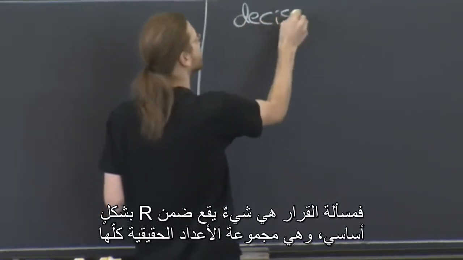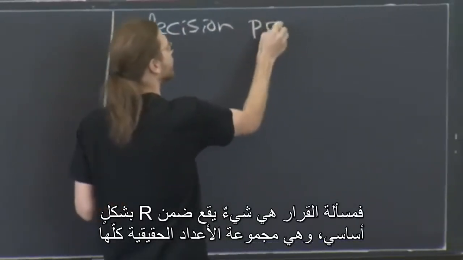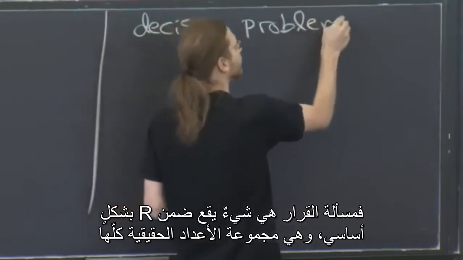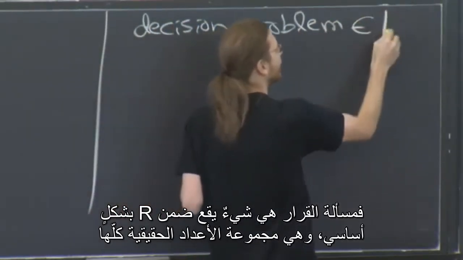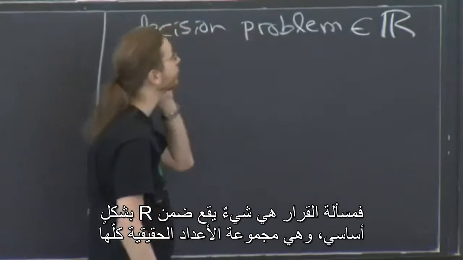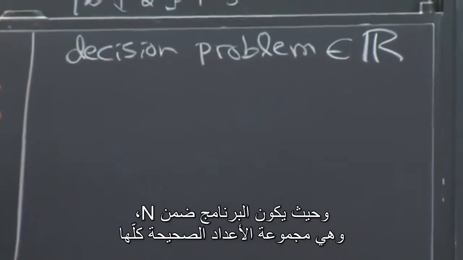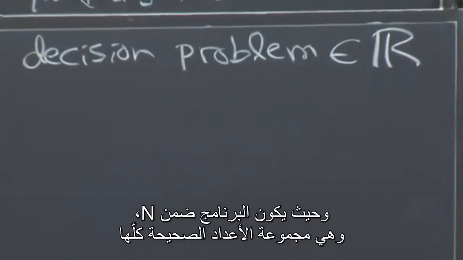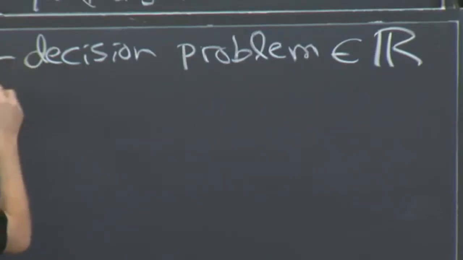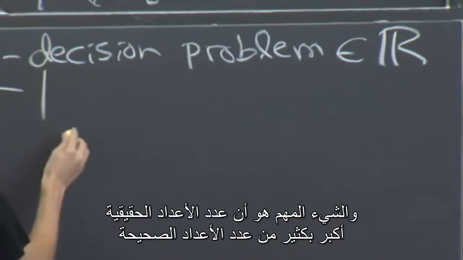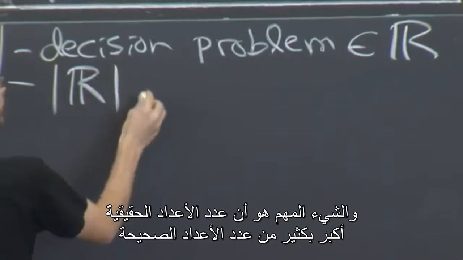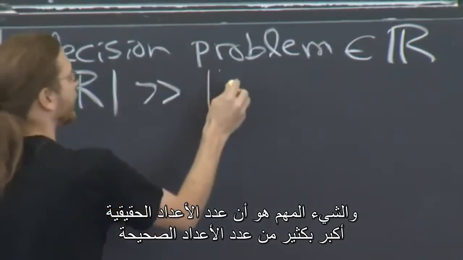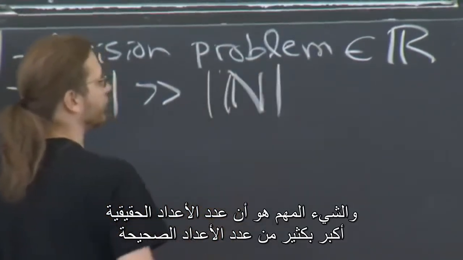So a decision problem is basically something in R, the set of all real numbers, whereas a program is something in N, the set of all integers. And the thing is, the number of real numbers is much, much bigger than the number of integers.